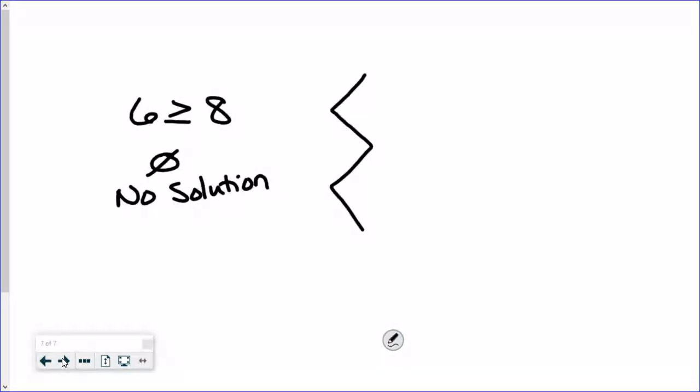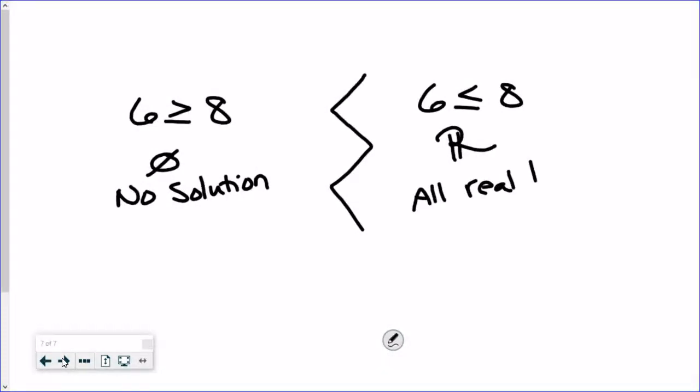But what if instead it was 6 is less than or equal to 8? If that's what happens at the last step, think to myself, okay, there's no variables. Is 6 less than 8? Yes, that's the R. So that's all real numbers, which you would have to type a version of that because we don't have the fancy R or the infinite symbol, okay?